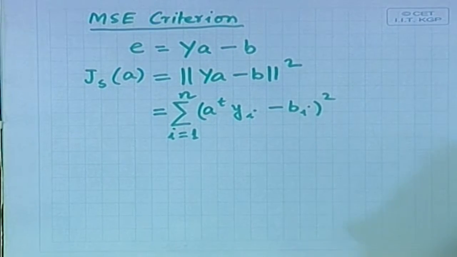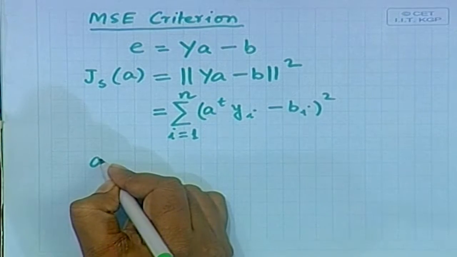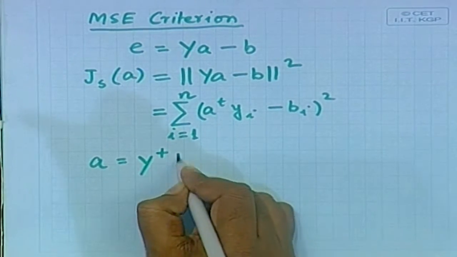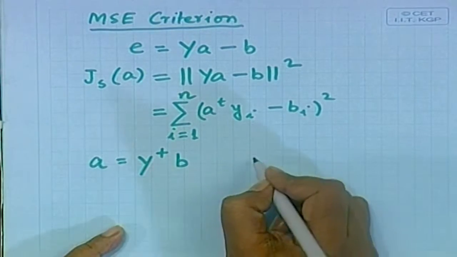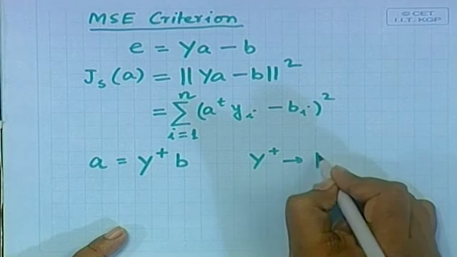And then if I take the gradient descent procedure or go for the pseudo inverse concept, I get a solution which is given by a is equal to Y plus b, where Y plus is the pseudo inverse of Y.